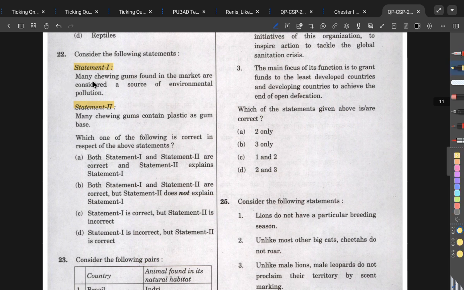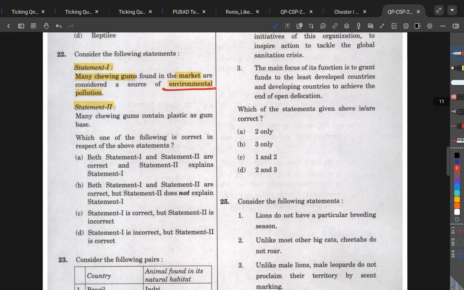They are saying that there are many chewing gums in the market, and those can be considered a source of environmental pollution.